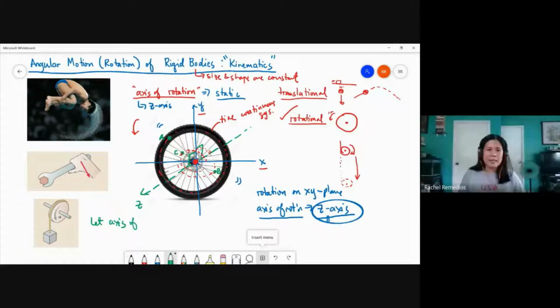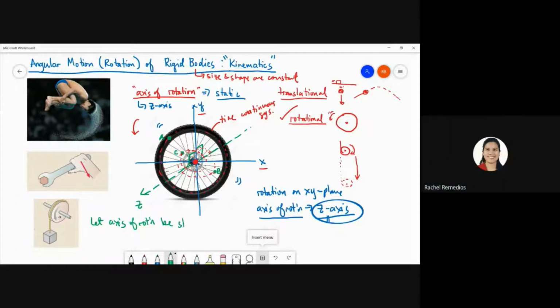Hindi muna natin siya pagagalawin. Meaning, walang translational. Rotational lang talaga lahat. Stationary or static or at rest. So, later na muna yung gumagalaw siya. Okay? I hope that settles it. Now, let's go to the kinematics itself.